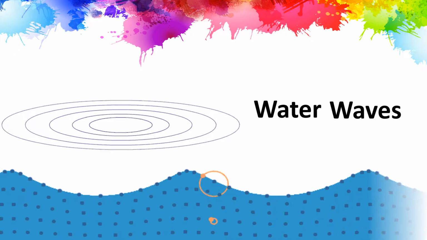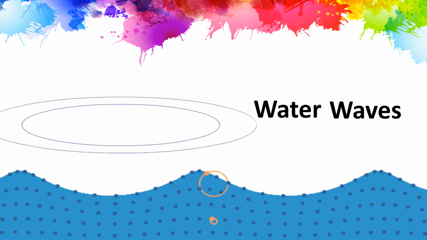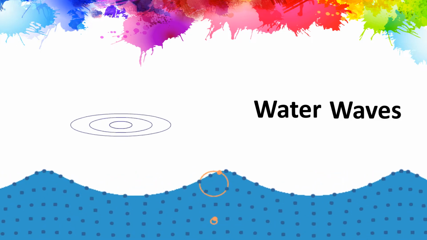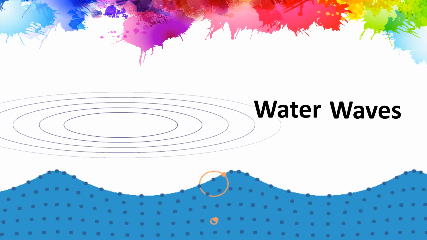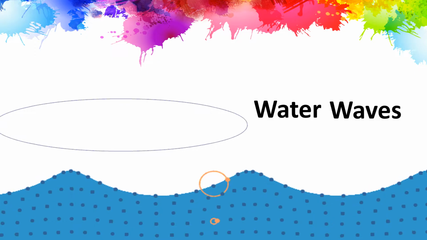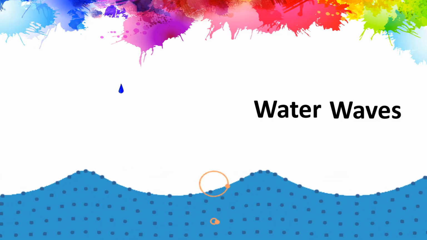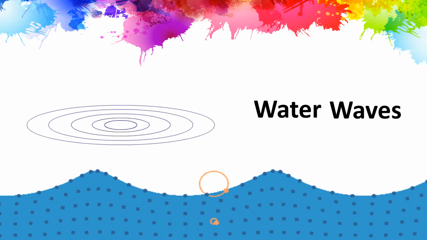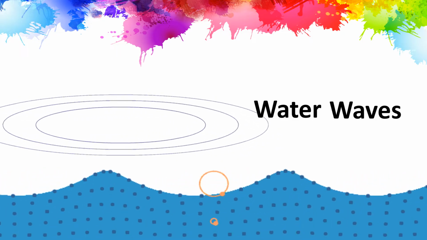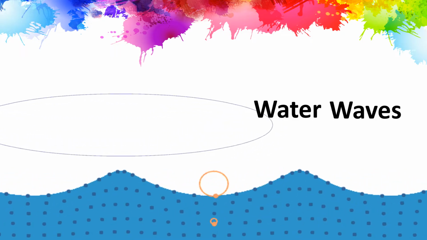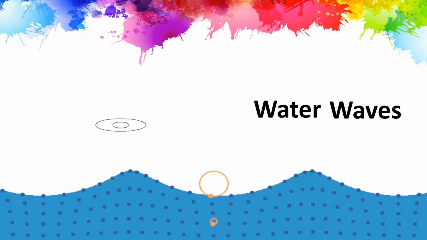So when you study this 2D animation, the cross section of a water wave, you can see this orange color particle. This orange color particle is moving in a circular orbit motion.